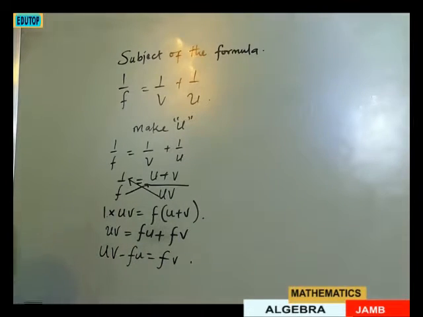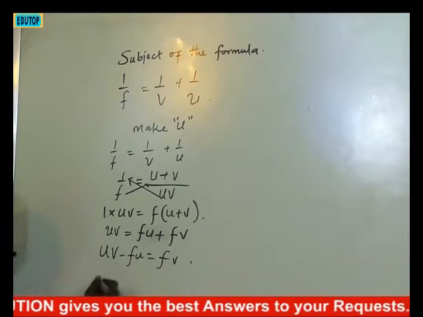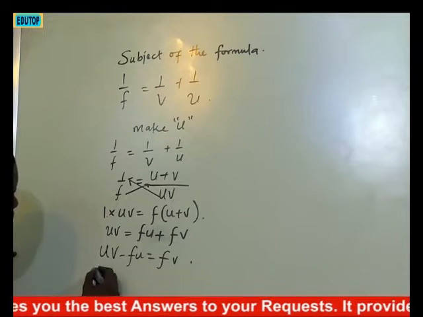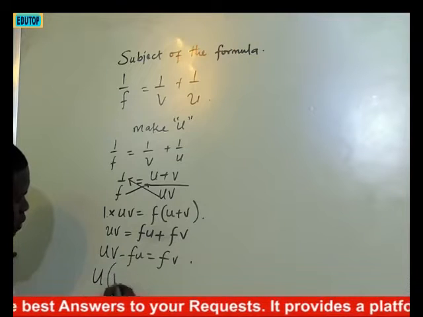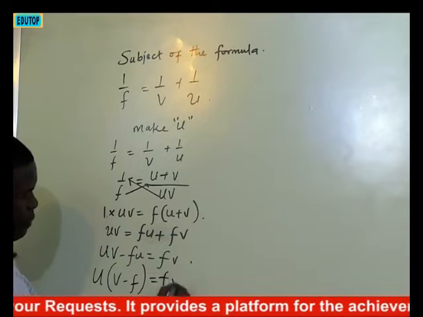In this situation now, we have u and u common. So what do you need to do? You factorize u. By bringing u out of this, you are left with v minus f, and u times (v minus f) equals fv.